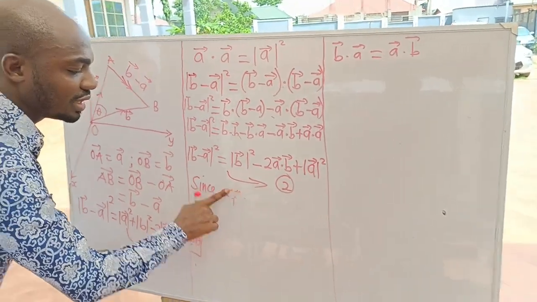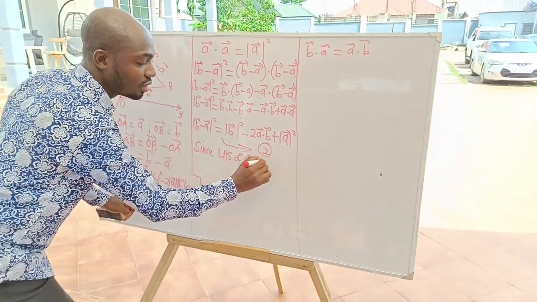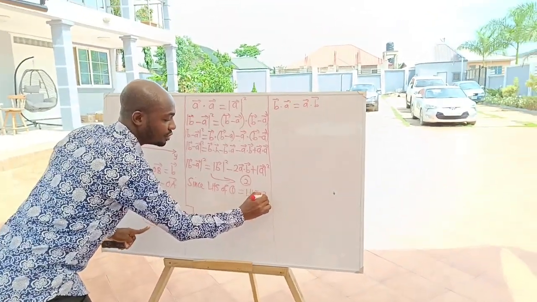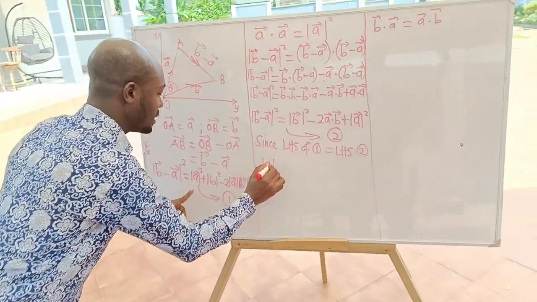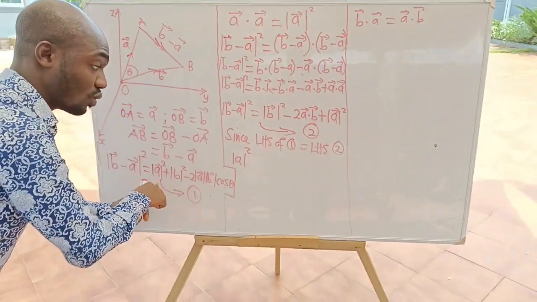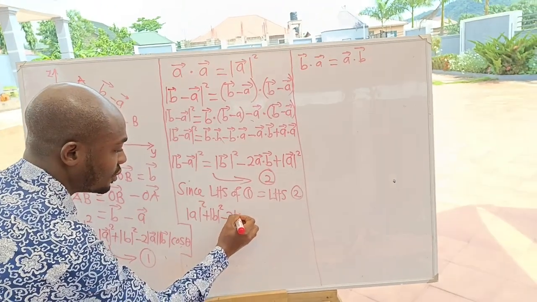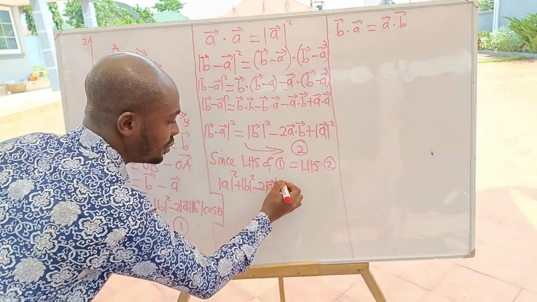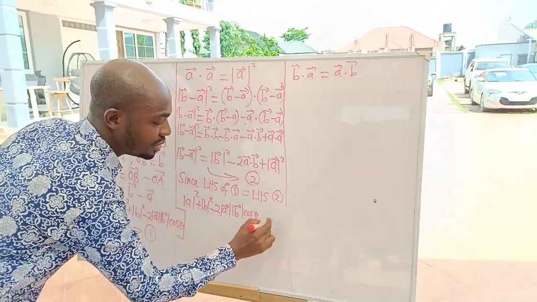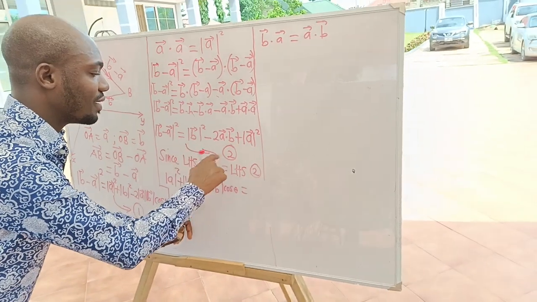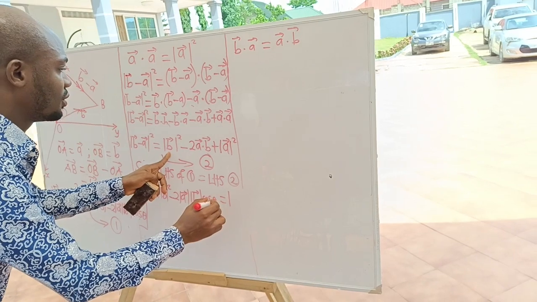Since the left hand side of equation 1 is equal to the left hand side of equation 2, I can say that the magnitude of a squared, reading from equation 1, plus the magnitude of b squared minus twice the magnitude of a times the magnitude of b cos of theta is going to be equal to what we have on the right hand side of equation 2.